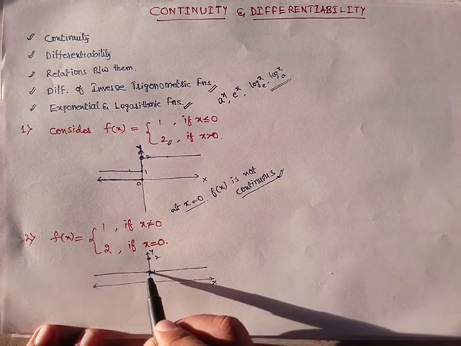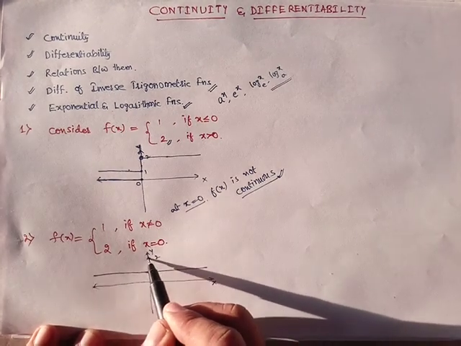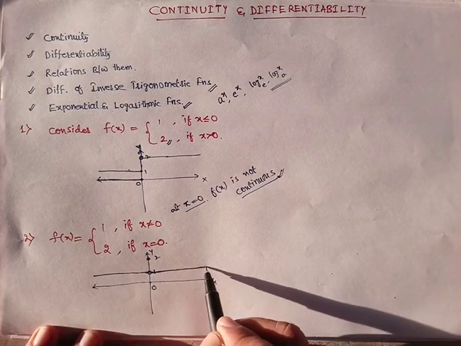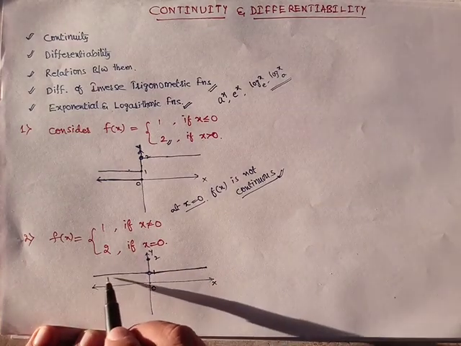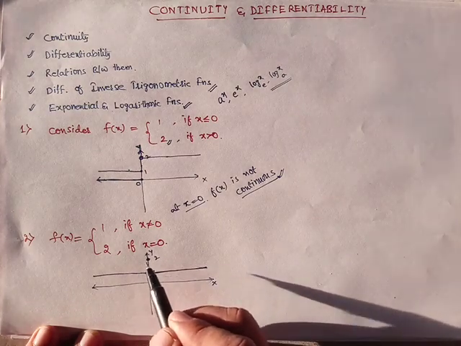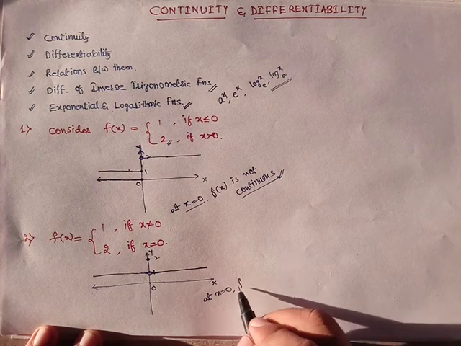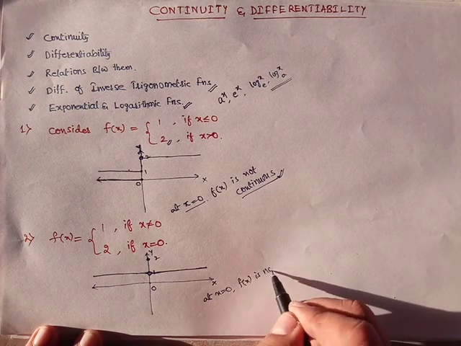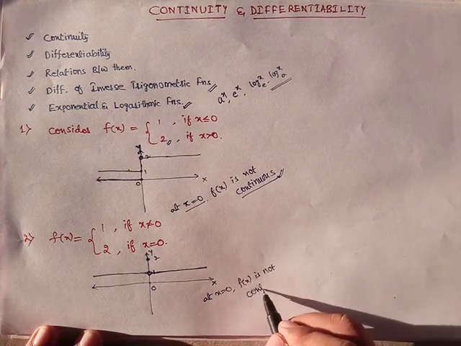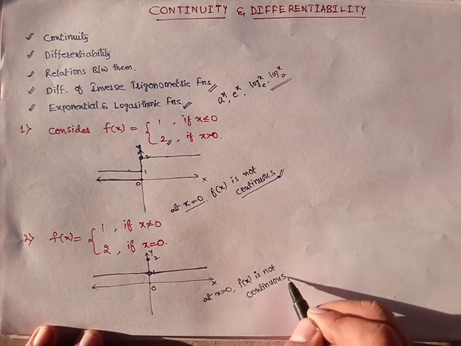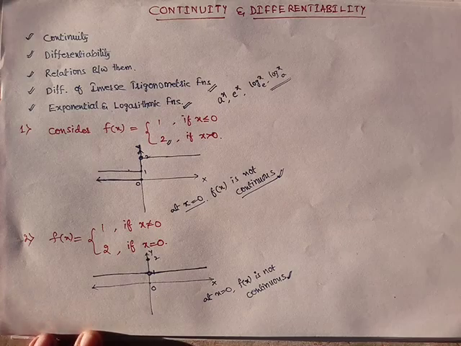Then I'm lifting up the pen, I'm putting 2 here, and again I'm coming back to 1 for x greater than 0, so this is your value. And at this time you are lifting up the pen. Same, at x equals 0, f(x) is not continuous.